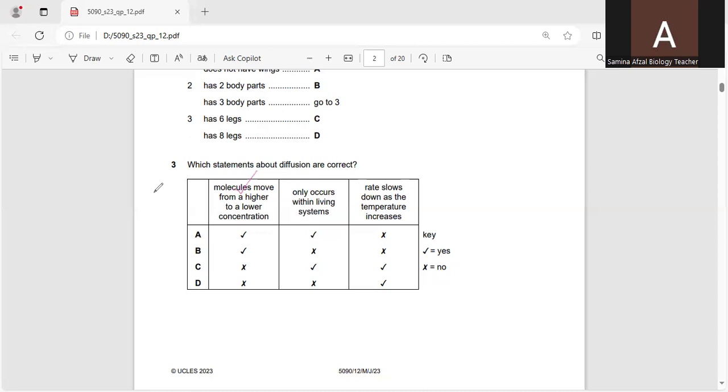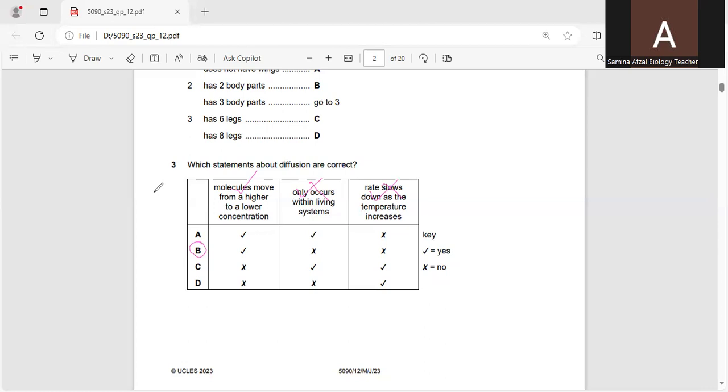Only occurs within living cells? No, it can also take place in gases. Rate slows down as the temperature increases? I don't think there is any such effect of temperature on the rate of diffusion. So according to these, we have the answer B. In this question number 3, the correct option is B.